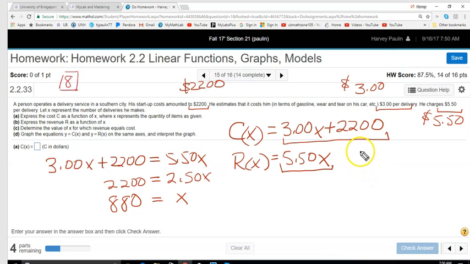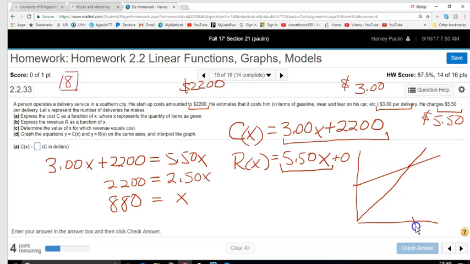Now they want you to graph this, and you're going to be picking out a graph. So basically your revenue graph will start at 0 because your origin is 0, and we'll say looks like so. Now your cost graph starts here at 2,200, and it's going to go up like so, and there'll be a point of intersection.